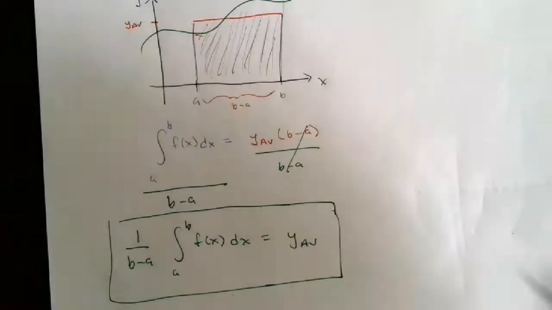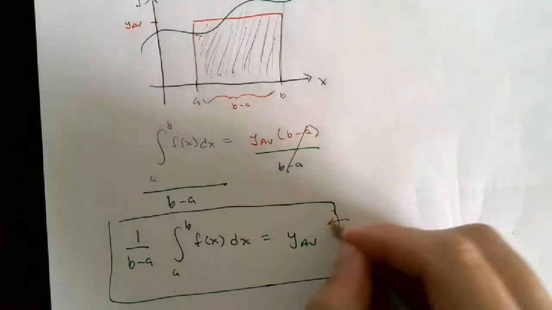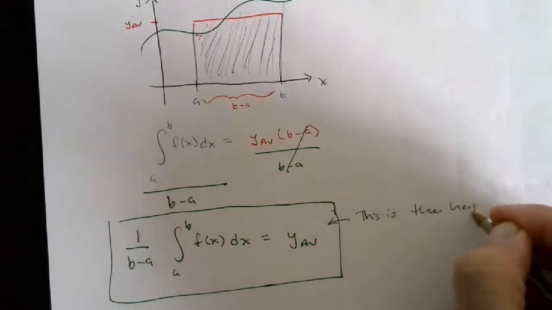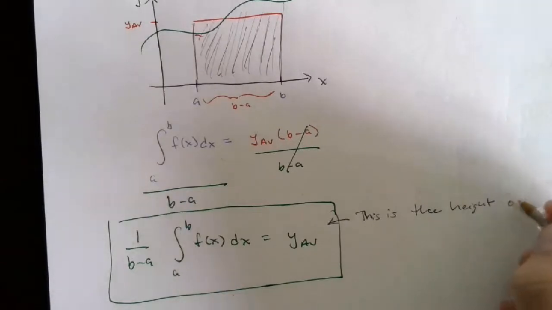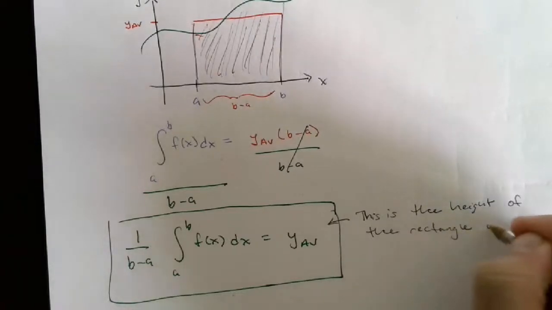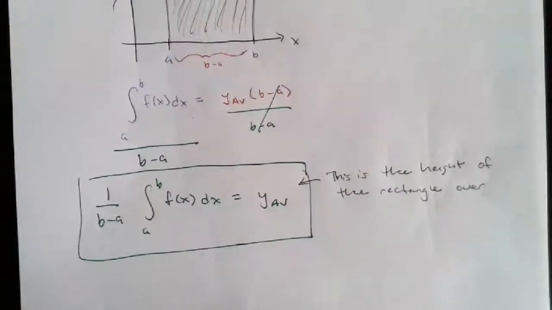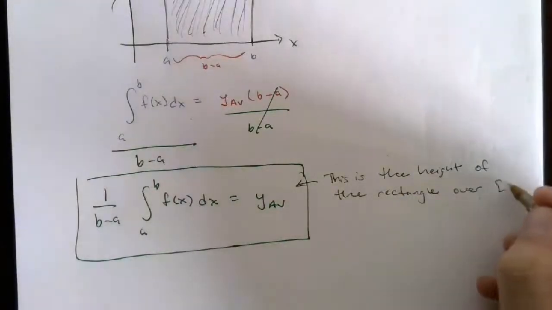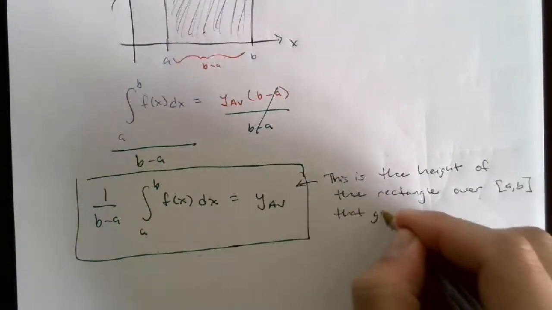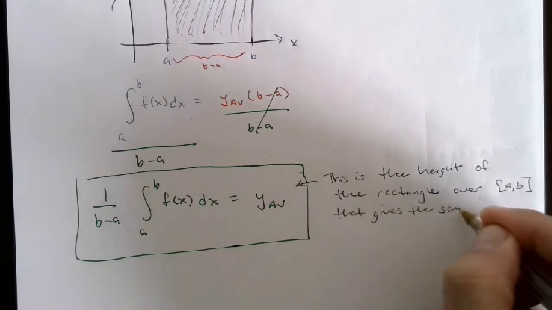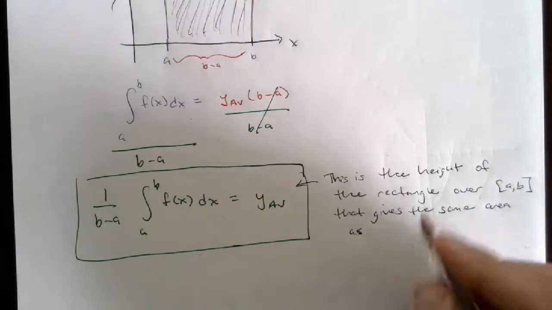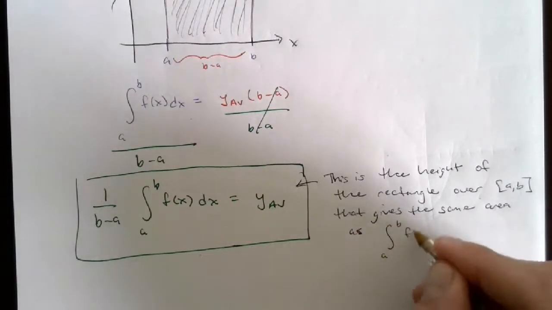Maybe I'll write it in words so you see it. This is the height of the rectangle over that interval from a to b that gives the same area as the integral from a to b of f of x dx.